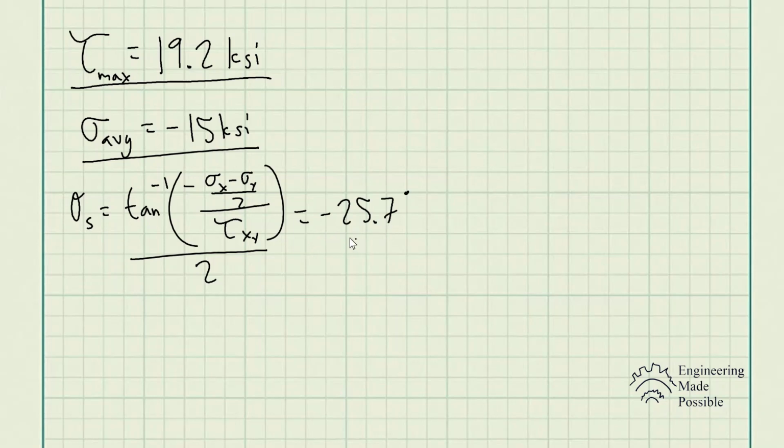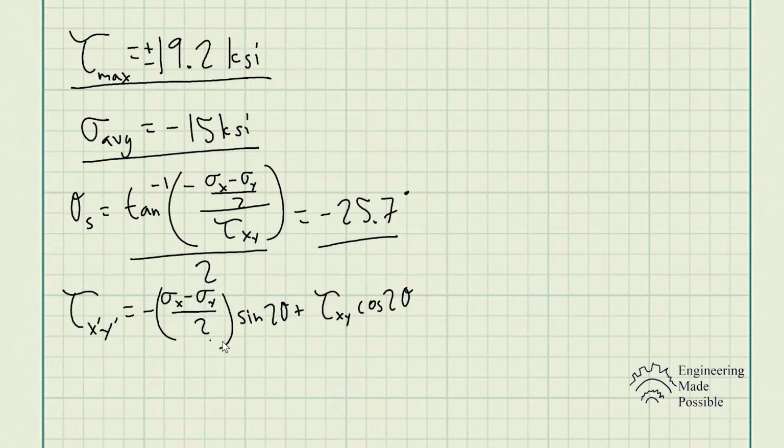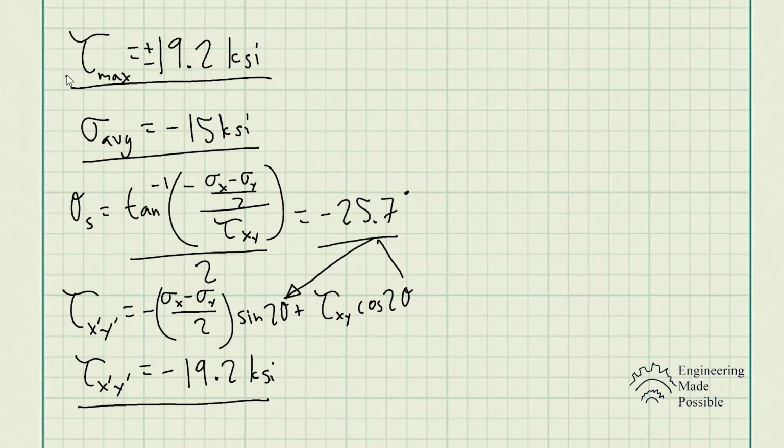Now, the same as we previously have done, we could go ahead and calculate using this angle, plugging it into the plane stress transformation for the shear stress, and we could see whether this maximum shear stress is going to be positive or negative, because it could be either case. As a reminder, this is the plane stress transformation for the shear stress along x prime y prime. You plug in the angle that we solved for, and we find that the maximum shear stress will be negative.